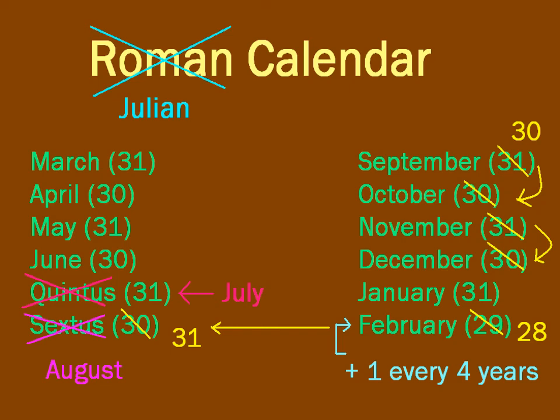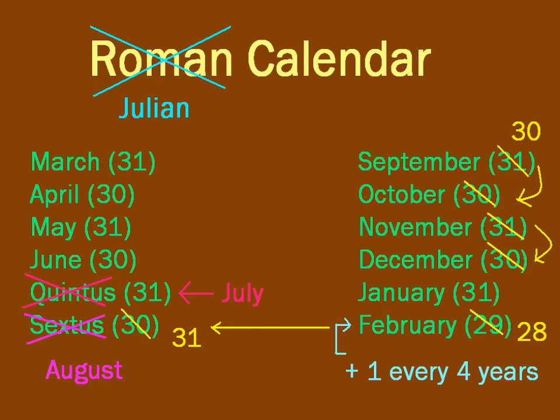Well, does this sound familiar? Well, yeah, this sounds very much like the calendar that we've been using ever since. And even though they changed it a little bit to make Augustus happy, this is still referred to as the Julian calendar.